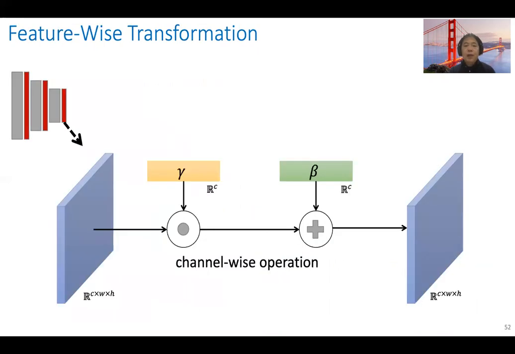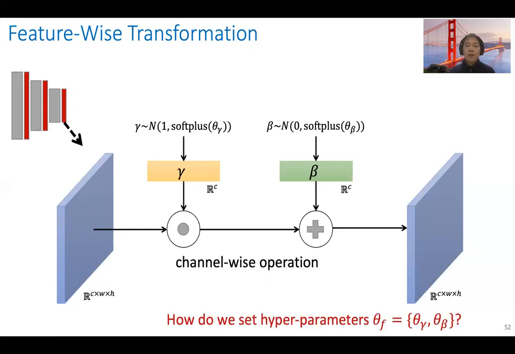For details, you can look at our paper. The feature-wise transformation is based on an affine transformation, and there are 2 main parameters, gamma and beta. These are governed by 2 hyperparameters. So the main question is how to estimate these hyperparameters for an unseen data set.